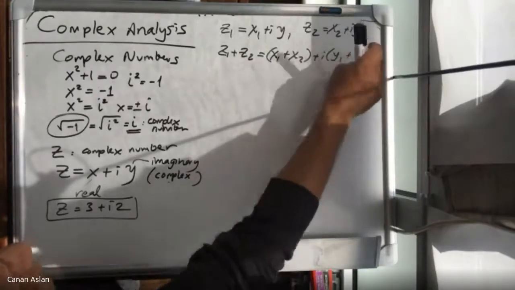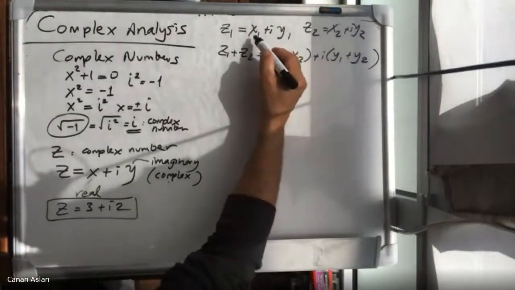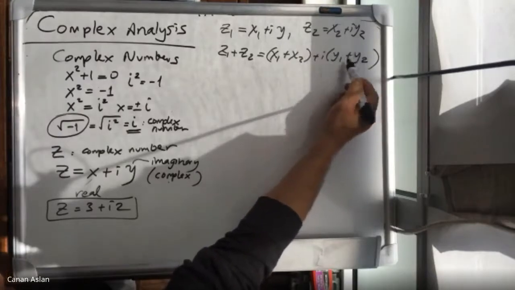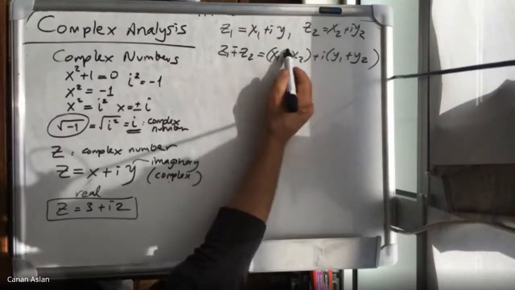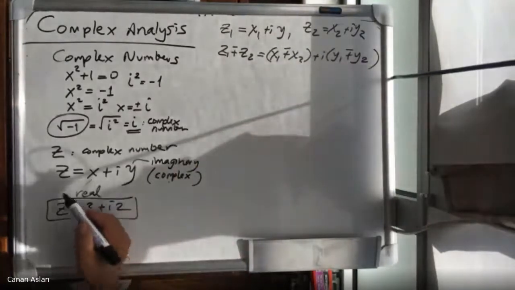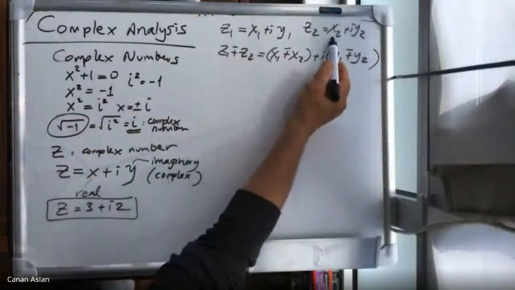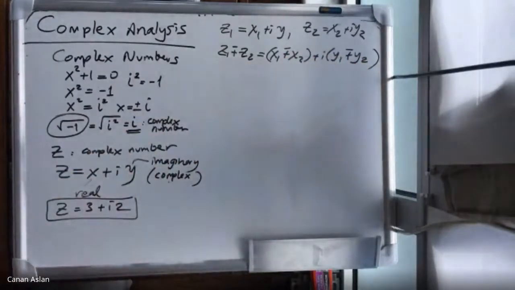As you see, we just add the real parts and imaginary parts independently and get the result. So if it is minus, then we can use the minus signs there. If these two complex numbers are equal to each other, x1 and x2 should be equal and y1 should be equal to y2, basically.